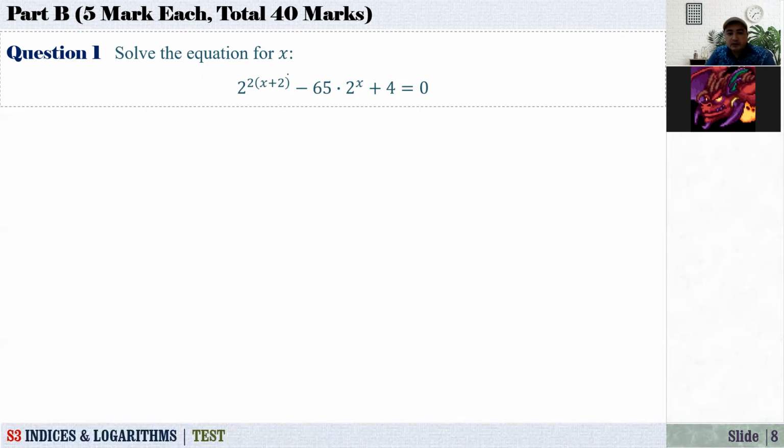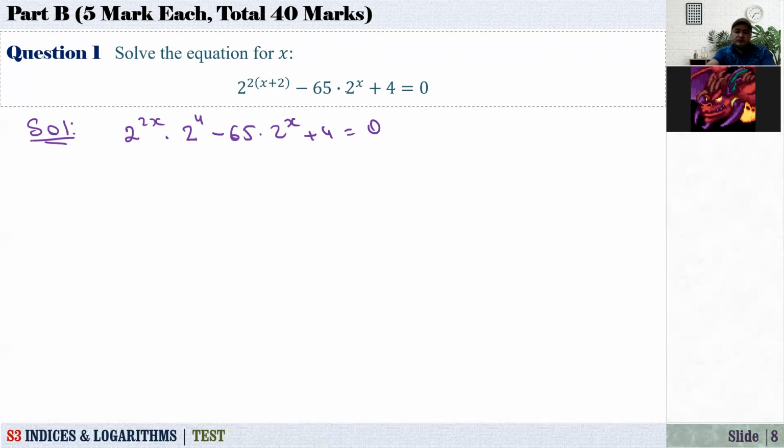First, let me rewrite this in terms of the powers of x. The first one I can write as 2 to the power of 2x times 2 to the power of 2, times 2 is 4, minus 65 times 2 to the power of x plus 4 is equal to 0.